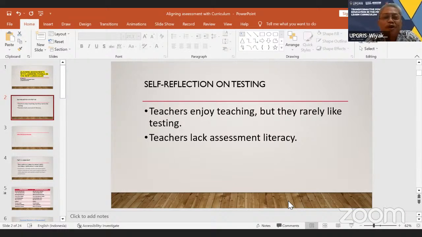Now, first I would like to start from a self-reflection on testing. Whether it is true or not, it's our personal response. Teachers enjoy teaching, but they rarely like testing. Do you agree with this claim? Do you agree with this statement that teachers enjoy teaching, but they rarely like testing?